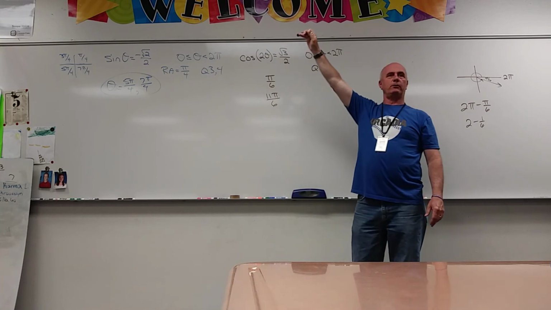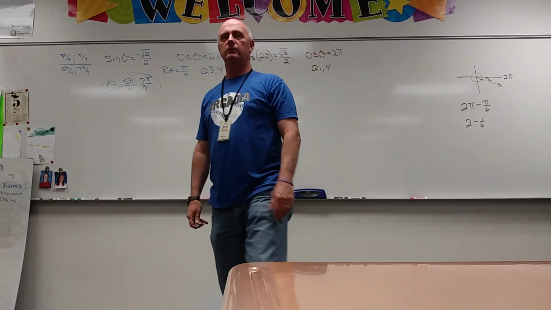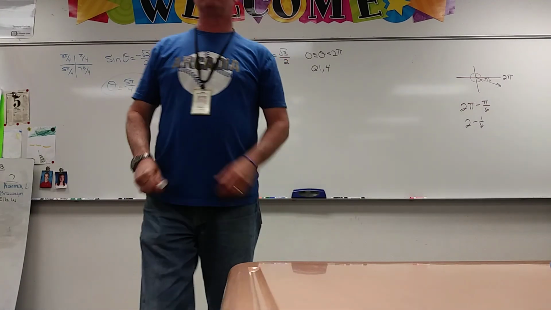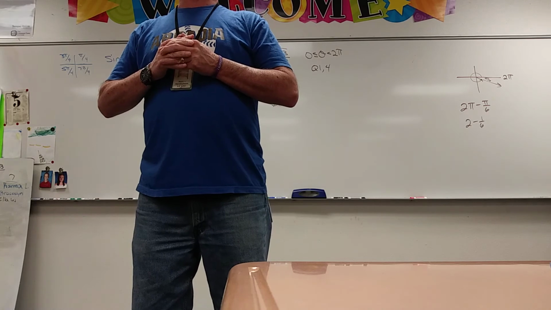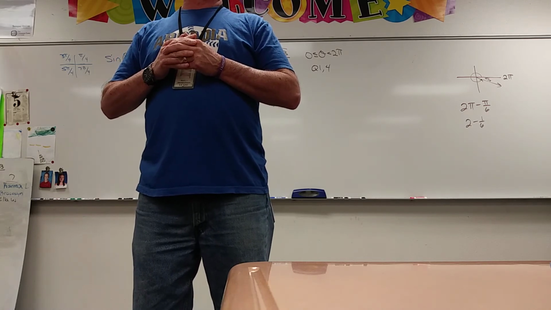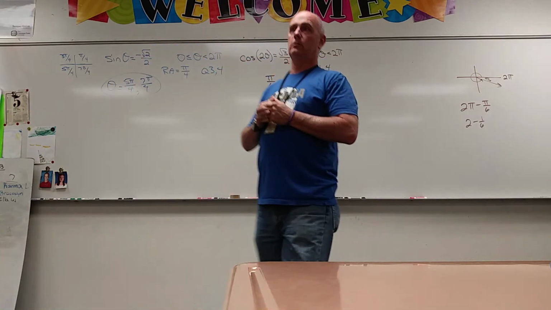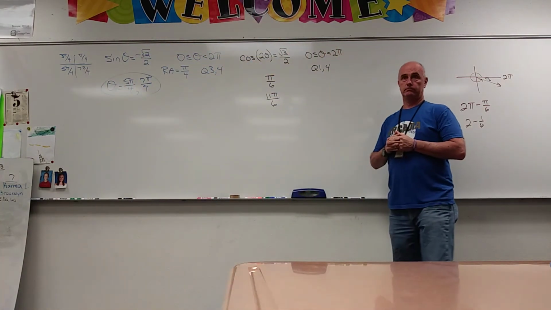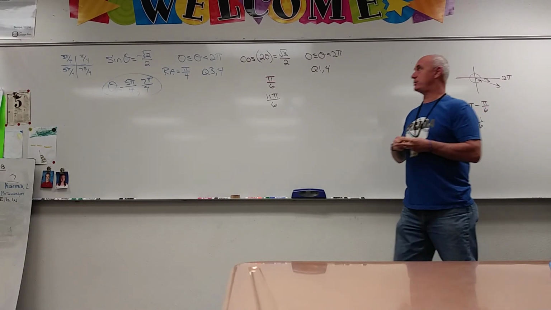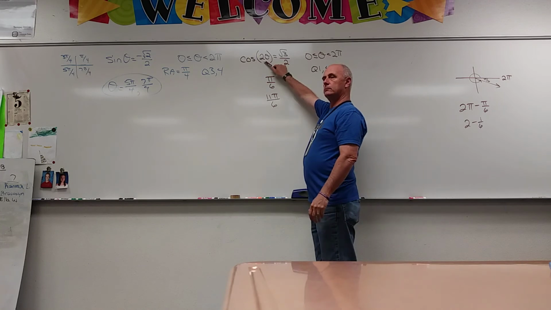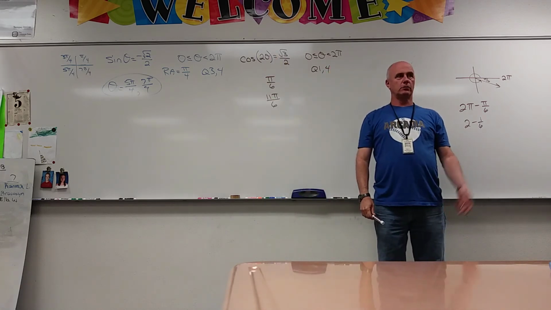If we had a 5 theta, we would go around 5 times. If we had a 72 theta, we would hopefully not drop the course. If we had theta over 2, we would only go halfway around. So those are the things that we have to pay attention to. In this case, we have to go around twice.